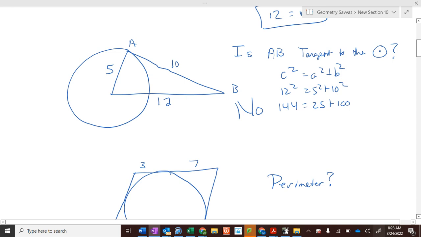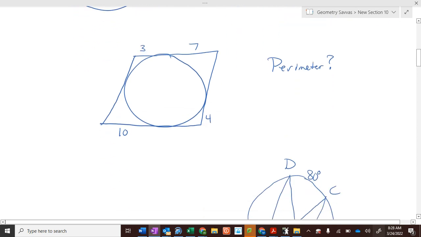Okay? No. How do you find the perimeter of this object? How do you find the perimeter of that quadrilateral? Okay. So if this is 7, this is 7. If this is 4, this is 4. If this is 10, this is 10. This is 3, this is 3.